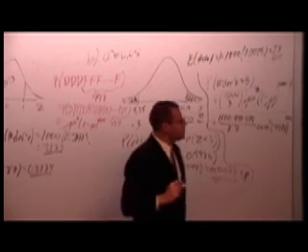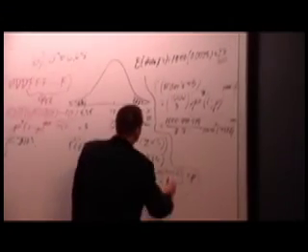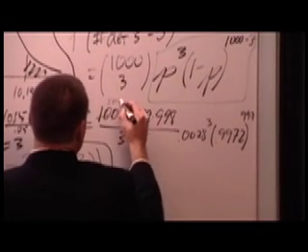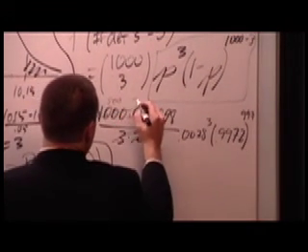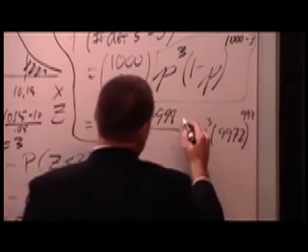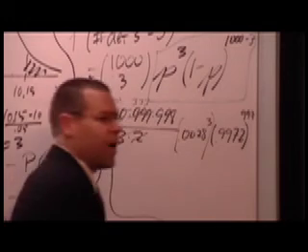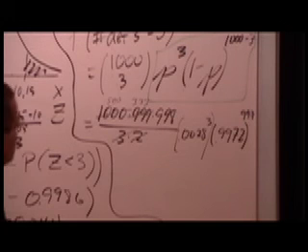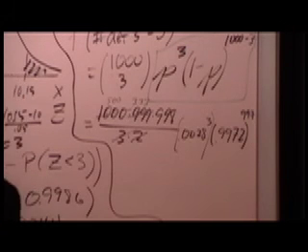Now, we can cancel a few things out. This becomes 500. This becomes 333. What you'll find is your calculator will have trouble with this if you just plug it in. And which part do you think causes trouble?